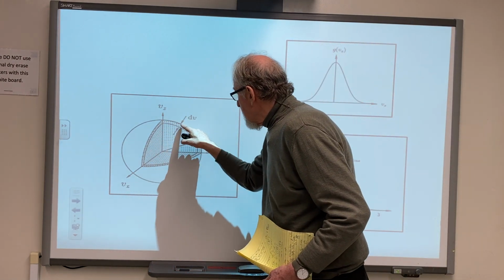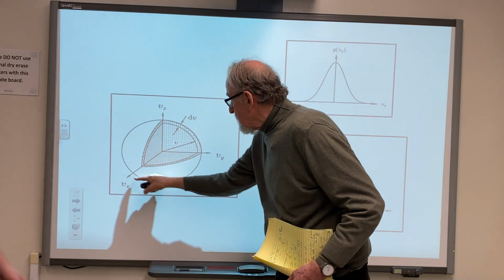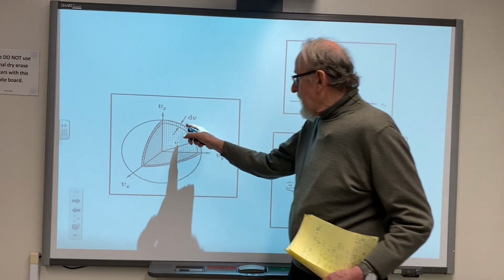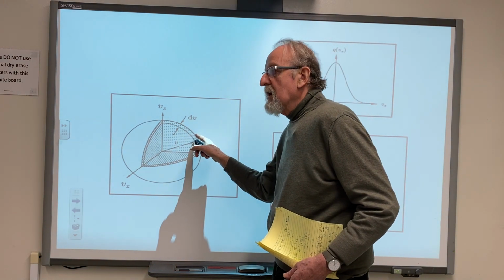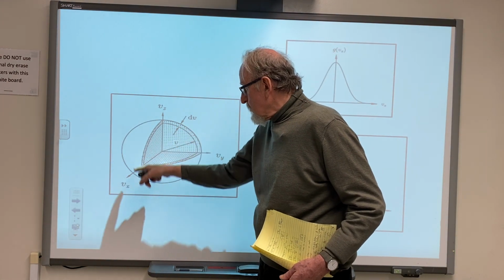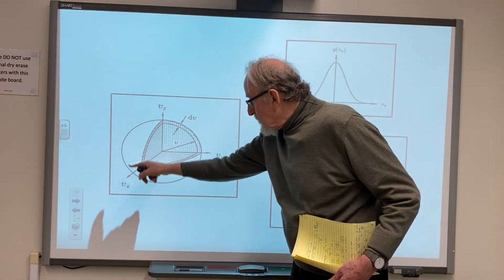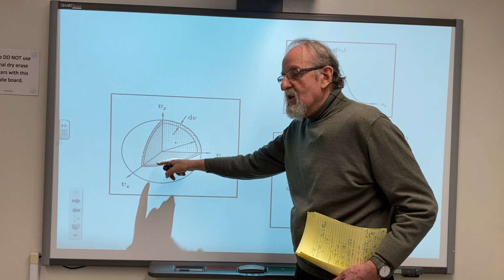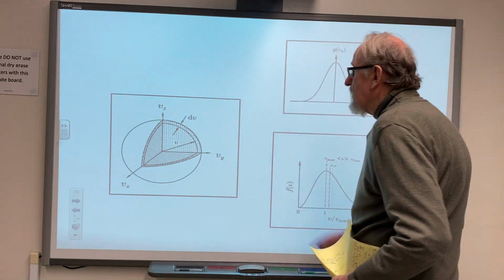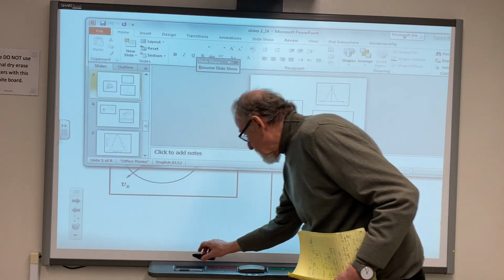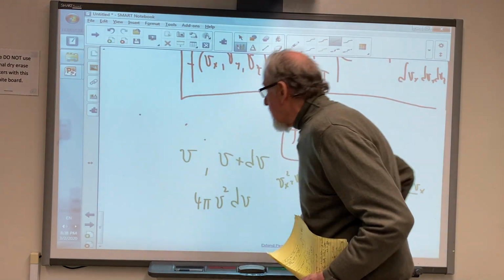I want to know how many fall here, here, in all this sphere, in all directions. Because this molecule has speed v, so does this one, so does this one. It doesn't matter in which direction it's going. All those at a certain distance from the origin will have speed v. That's what I'm trying to calculate, and that's the calculation I will attempt now.